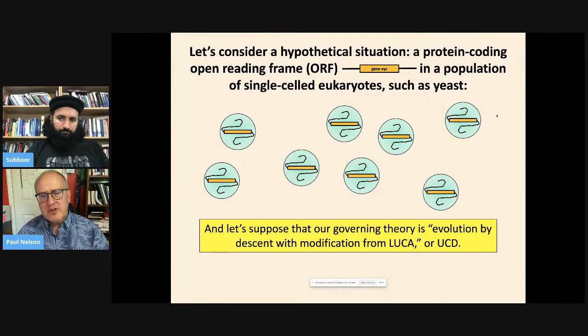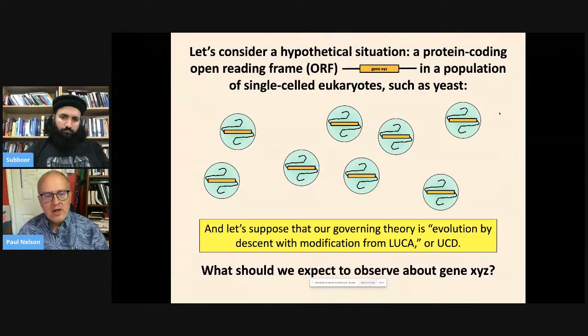And let's suppose that our governing theory is evolution by descent with modification from the last universal common ancestor, or universal common descent. What should we expect to observe about gene XYZ as we look in other populations of yeast, or as we look in other species of yeast, or as we watch this particular species as it goes forward in time?